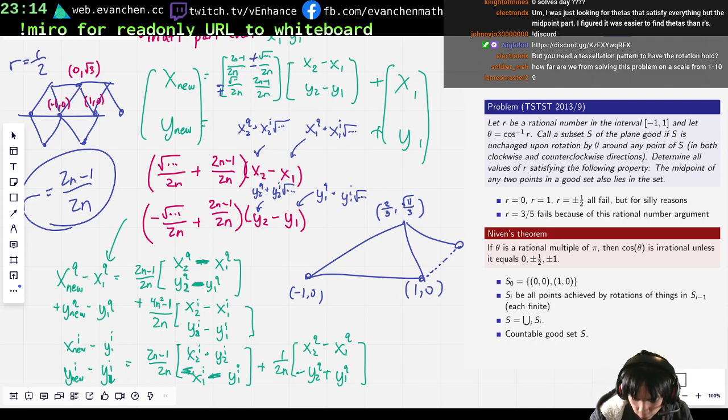It is still kind of promising, because when I add these up, there's so much stuff. I see. When I add these up, I think the 2n at the bottom will kill off anyways.